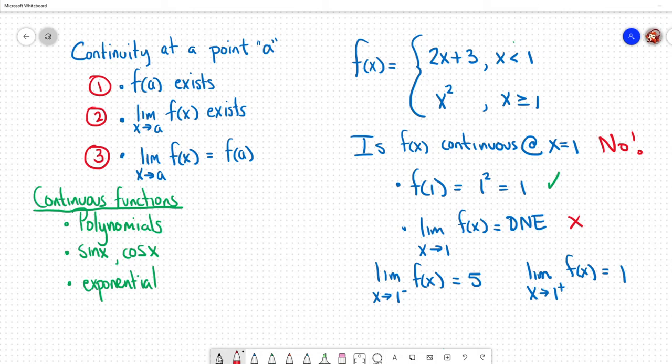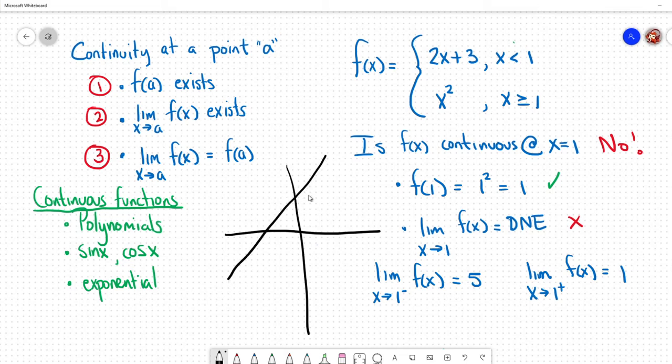We would be able to clearly see that if we had made a graph to evaluate continuity, because then we would have had 2x plus 3, so it would have looked something like this. And then you had x squared picking up at 1. So let me actually redo that. Here's where you get that hole in the graph, and then here would be the rest.